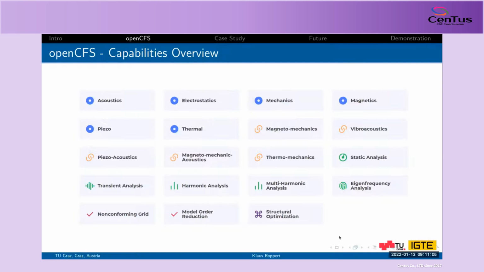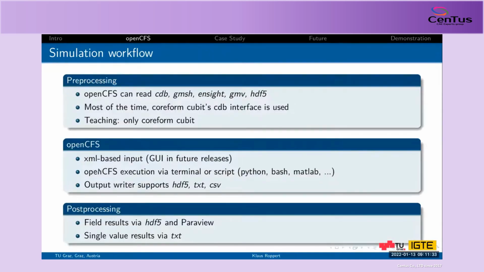And then a short excerpt again of some features that we're implementing in openCFS. So first of all, the non-conforming interfaces that I'll show you in the case study. We have some basic model order reduction techniques implemented, and then a big part of our German university partner is the structural optimization, where they're conducting research in topology optimization using the SIMP algorithm. Yeah, openCFS, as Matt already said, is a finite element solver.